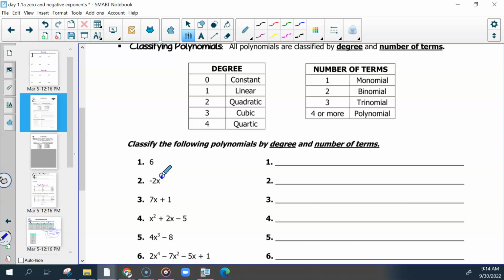Okay. So for number 1, what is the degree of this? Think about the exponent. Does it have 1? It's constant because it doesn't have 1. If you want to put next to it, exponent is 0 so that you know that's why it's constant. To help you remember that, you can do that.